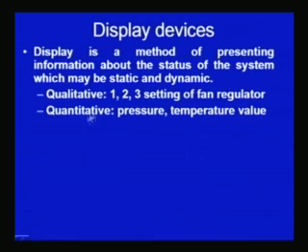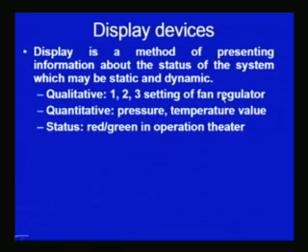So, in qualitative display devices, the numbers or alphabets being used do not represent the actual value of anything. Quantitative data shows the numerical value of different characteristics, like pressure being indicated in terms of kgf per centimeter square, or temperature being shown in degree centigrade or degree Fahrenheit.